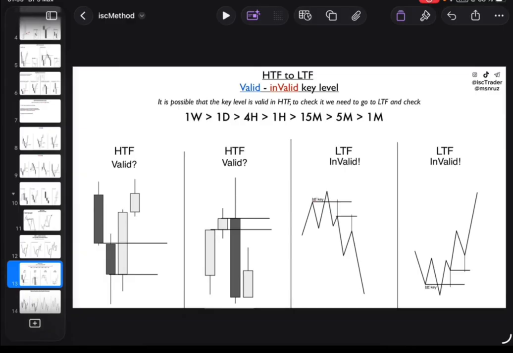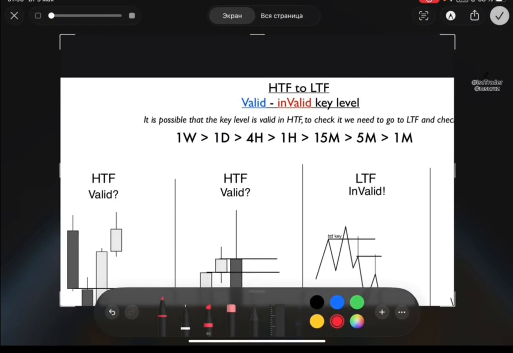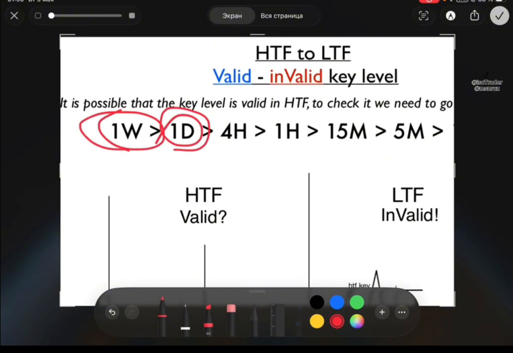To do this, we need to identify the key level from the high time frame, switch to the low time frame, and check if it's valid or invalid. Alright then. 1 week. If we find a 1 week key level, we switch to the 1 day. Alright, 1 day.